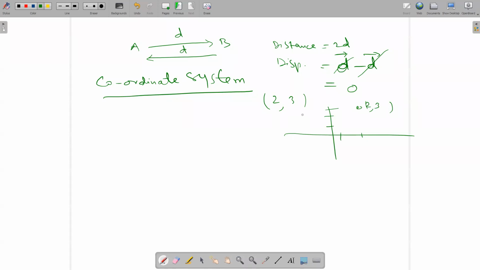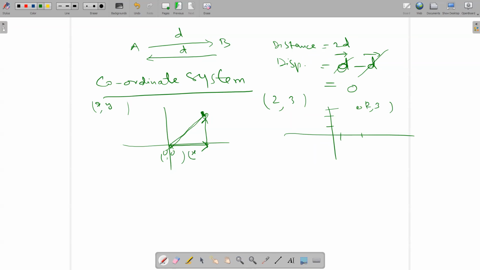In the same way, if we have X and Y, we can represent it. It has some value along the X axis and some value along the Y axis. You can make it like this. The displacement from the origin point, the reference point, to the end point, you can draw this line.